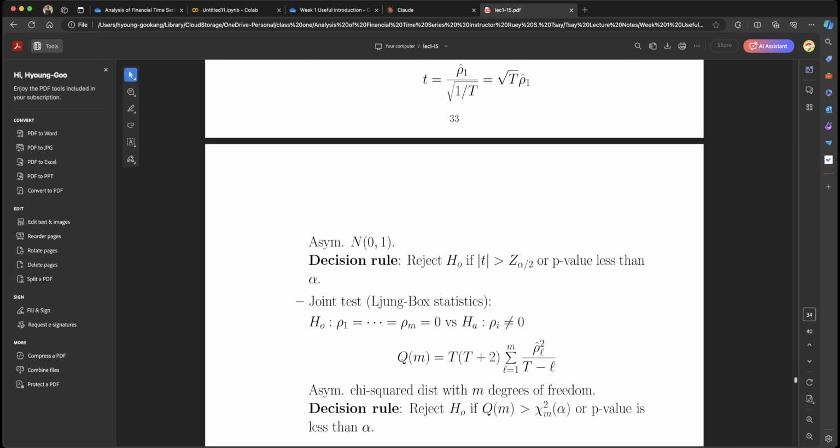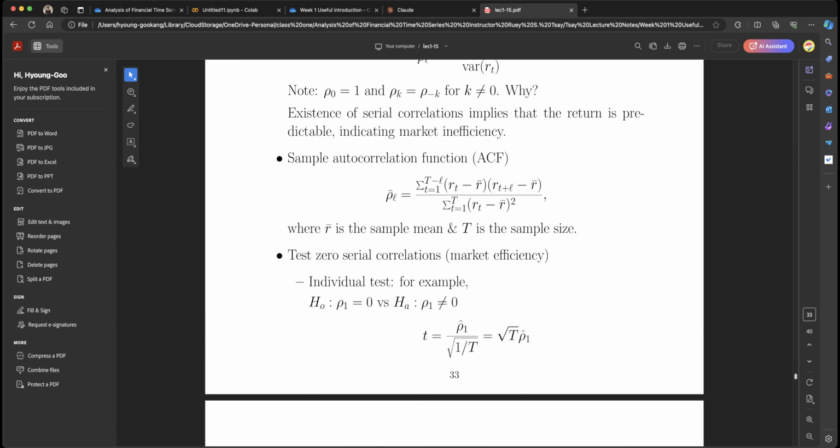Now the joint test, which is called the Ljung-Box statistic. H naught is that all the correlations are zero. This is the formula, this is the sample statistic. The null hypothesis is this one, where l is from 1 to m.